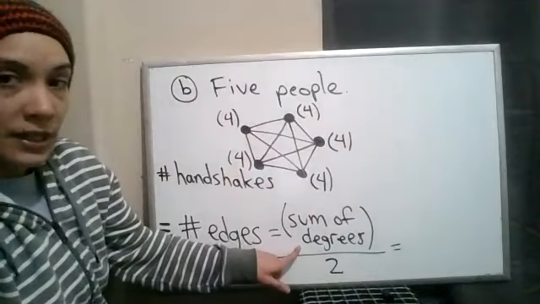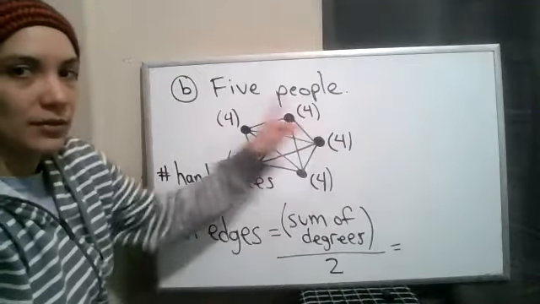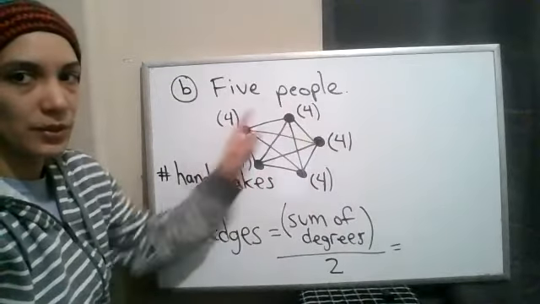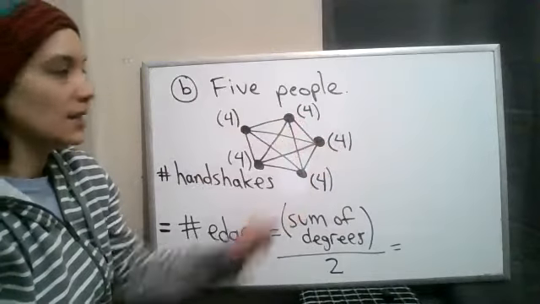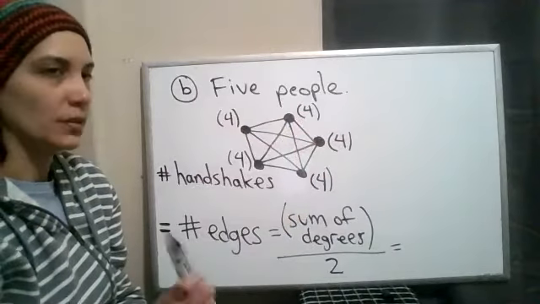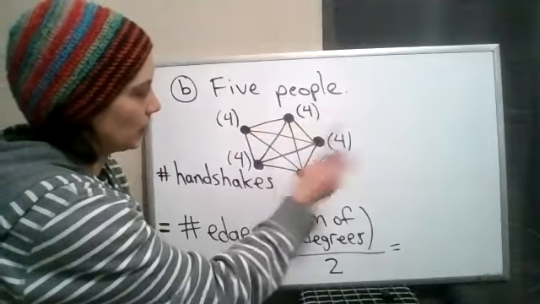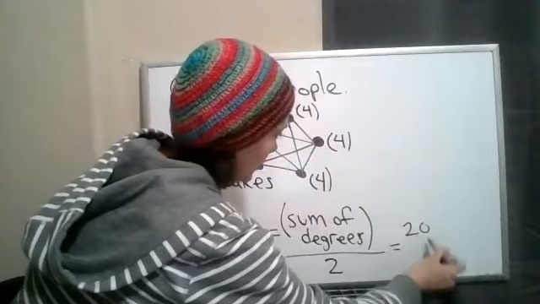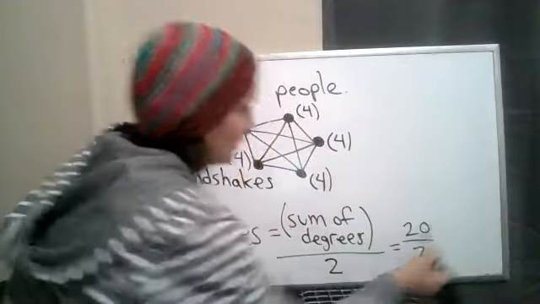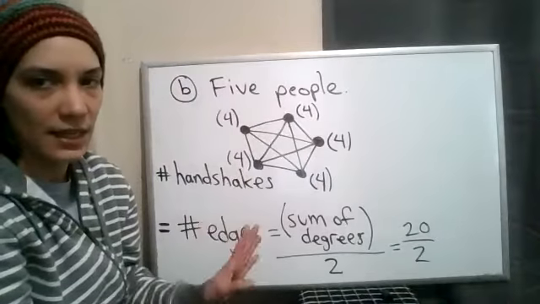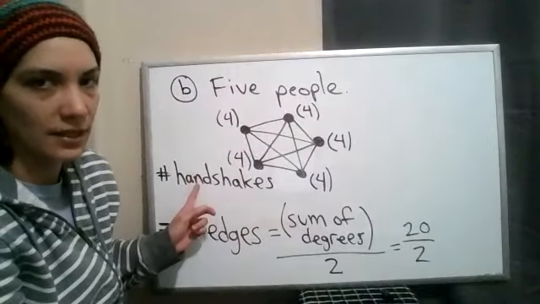So the sum of the degrees is add all of those numbers together. So 4 plus 4 plus 4 plus 4 plus 4. 4 times 5 would be 20. 20 over 2 gives us 10 edges, or 10 handshakes.